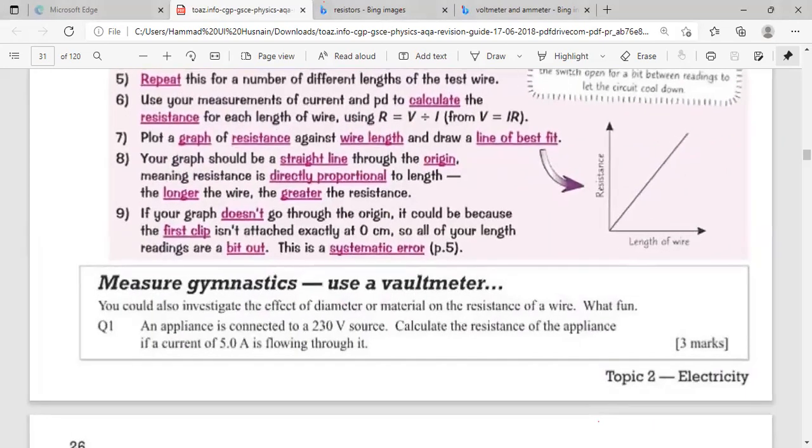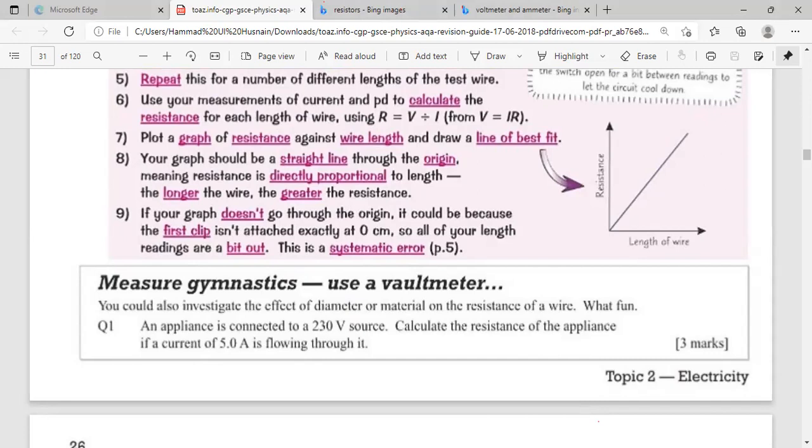Okay, so there is another example. Can you solve this example? An appliance is connected to a 230 volt source. Calculate the resistance of the appliance with a current of 5 A. What does the A stand for?